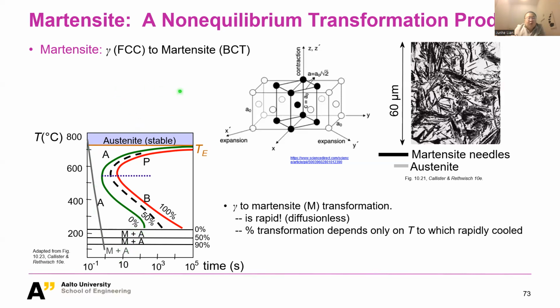So I told you what martensite is. Martensite is a non-equilibrium phase because it does not exist in your phase diagram, right? It's a phase transformation triggered by plastic deformation, by shearing, not by diffusion.